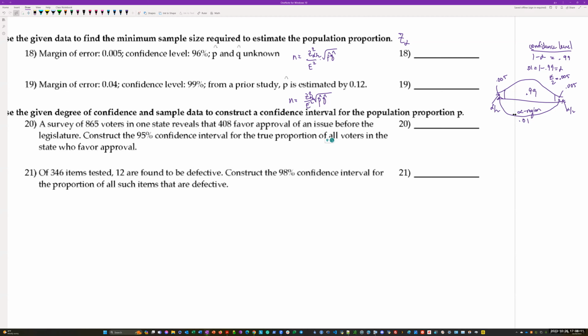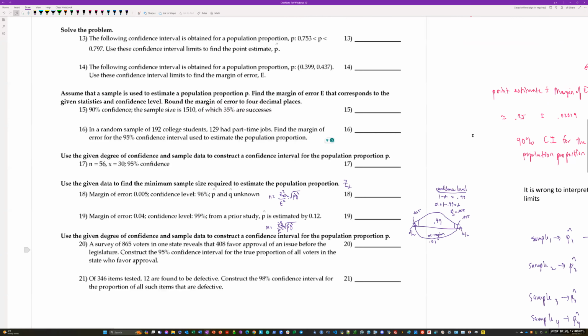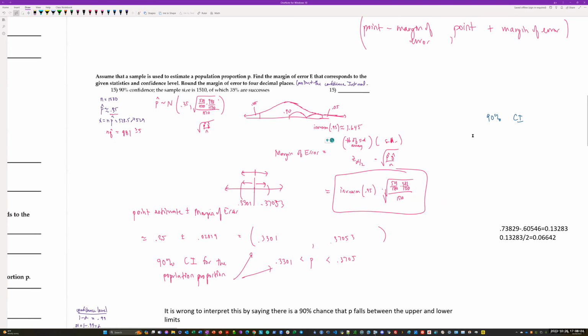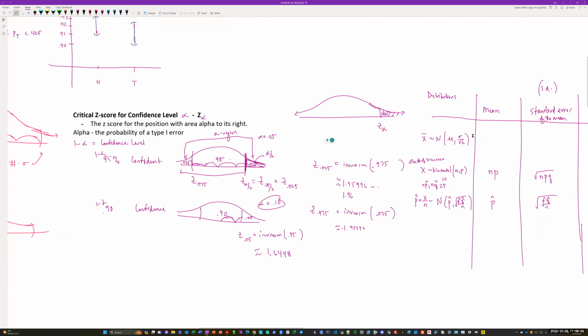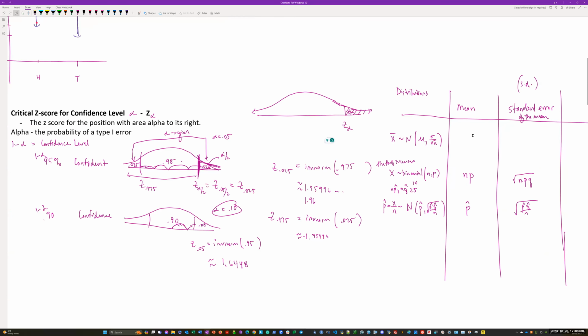Wow. So what do we do? Add up the area to the left. All you have to do is add this number and this number. So it's 0.995. We literally just did this. Where is this? Right here.